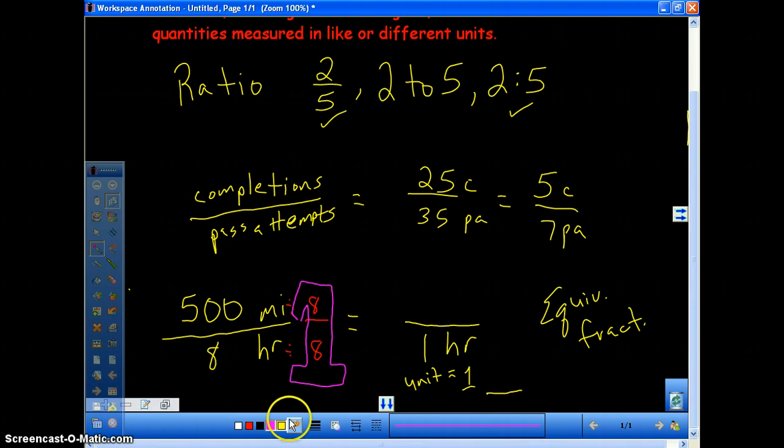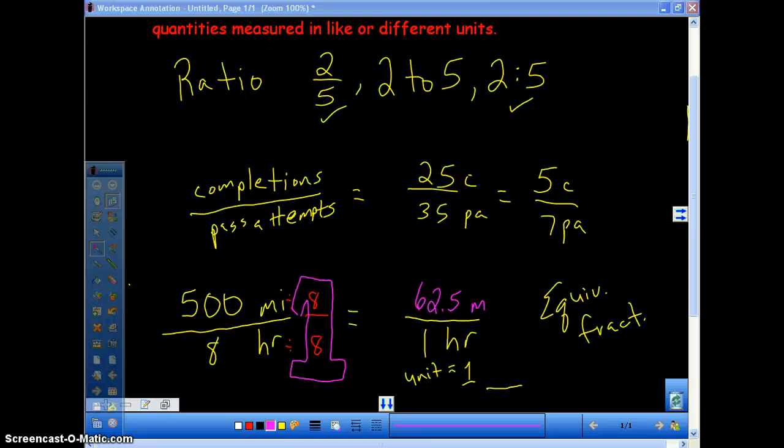Any number divided by 1 is that same number. So I take 500, I divide it by 8, and end up with 62 and 5/10 miles. So my speed is 62.5 miles per hour. We will see unit rates as generally talked of and said as per whatever the unit is in the denominator.